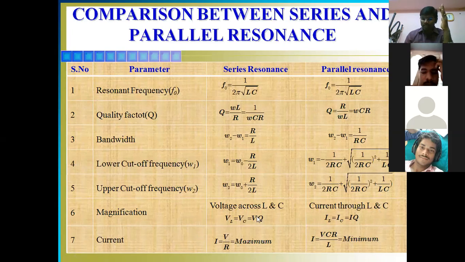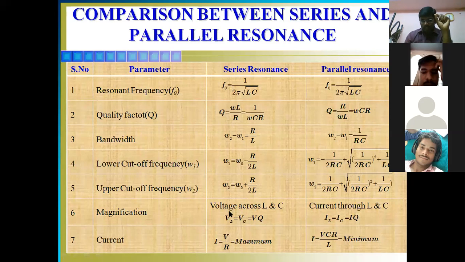For this example, when V is equal to 1, VL is equal to 100 if Q is equal to 100. At the same time, VC is also 100 for V equal to 1. But because these two are opposite in nature, VC is equal to minus 100. So 100 minus 100 will become 0.